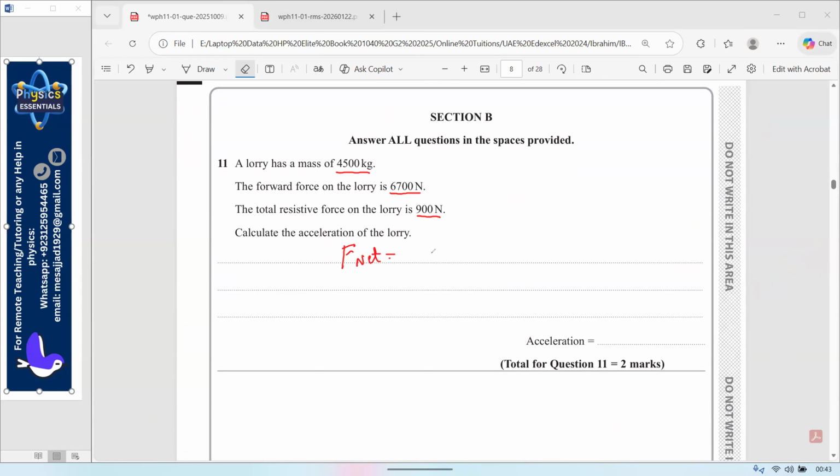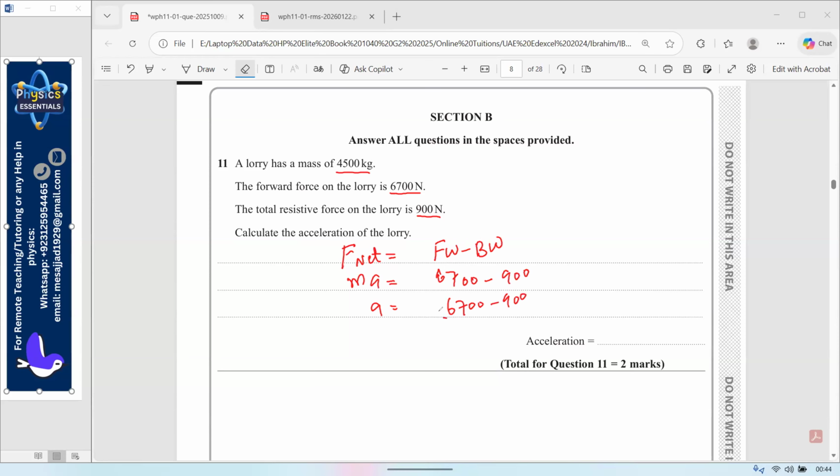So net force is equal to forward minus backward, so ma: forward force is 6700, backward is 900, and the acceleration is what you need to find.